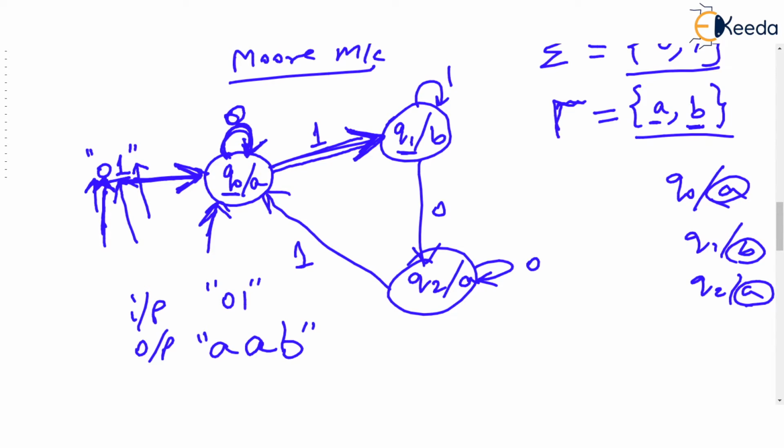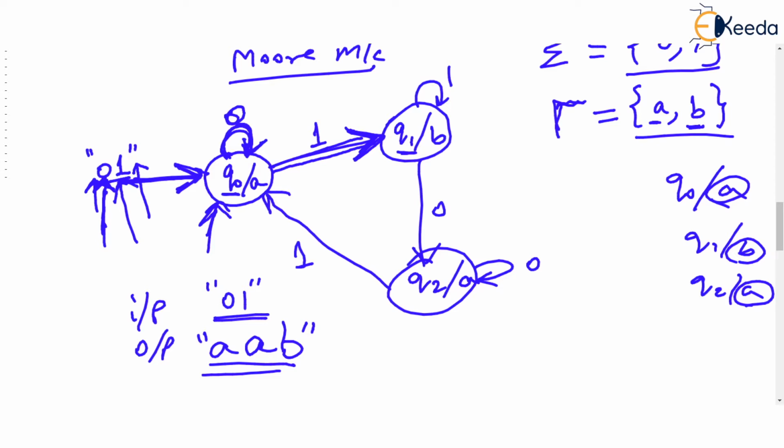One thing you make an observation, very early you make this observation. If the input contains 2 letters, then the output surely contains 3 letters in the case of a Moore machine. Again, if the input contains n letters, then the output contains n plus 1 letters, always in a Moore machine.